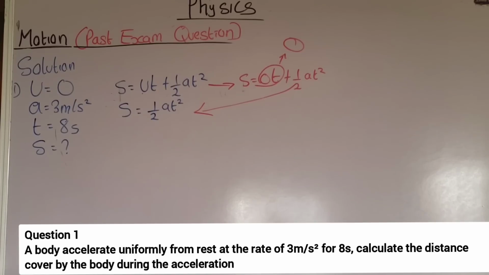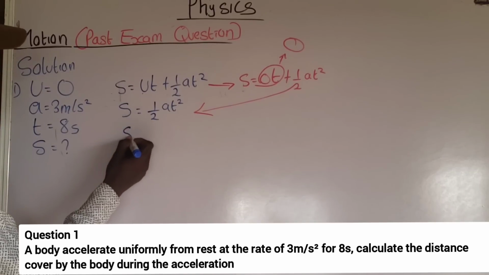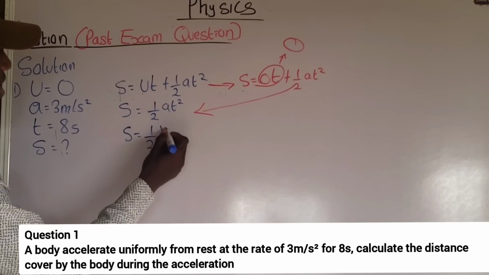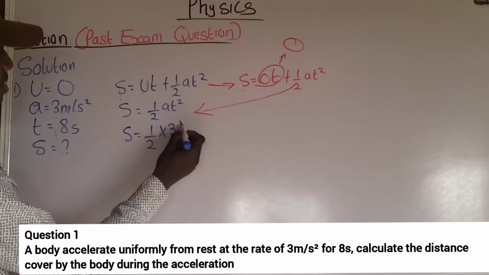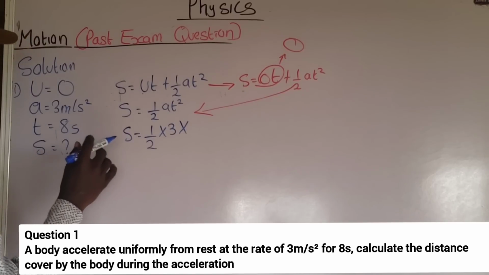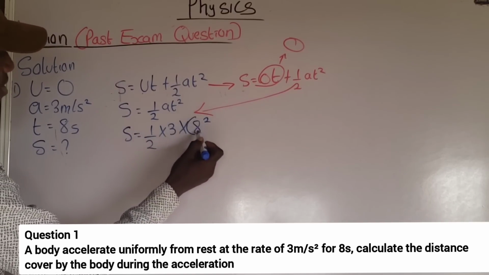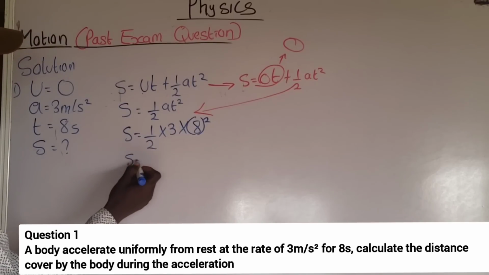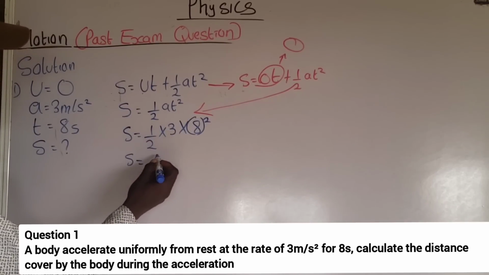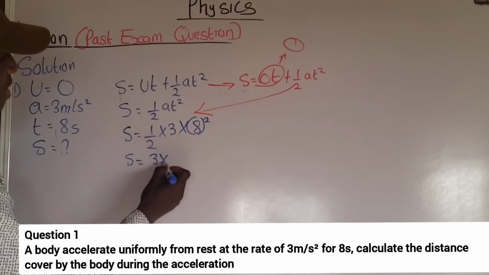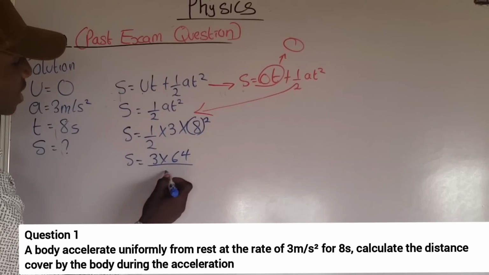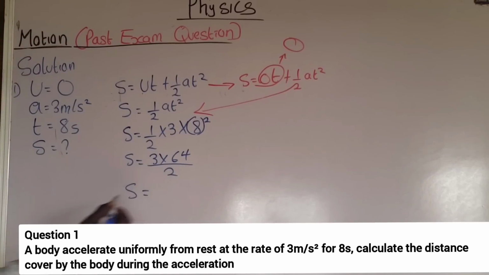So here I'm going to have s equals 1 over 2 multiplied by a, which is 3, multiplied by t squared. T is 8, so I'm going to have 8 squared. 8 squared is 64, so 3 multiplied by 64 all over 2. 64 multiplied by 3 is 192, divided by 2.